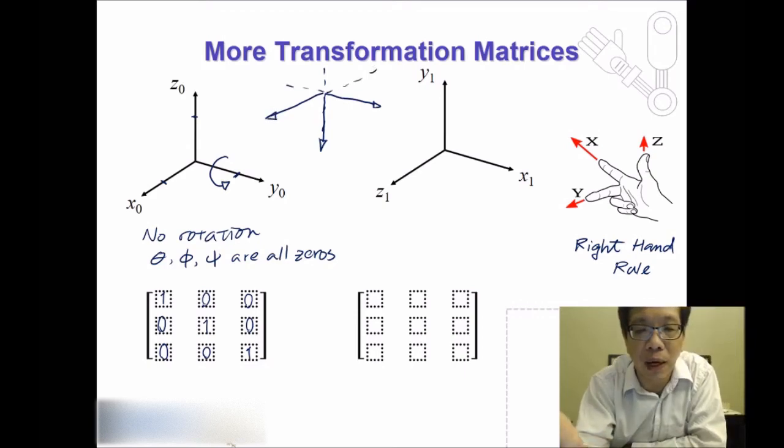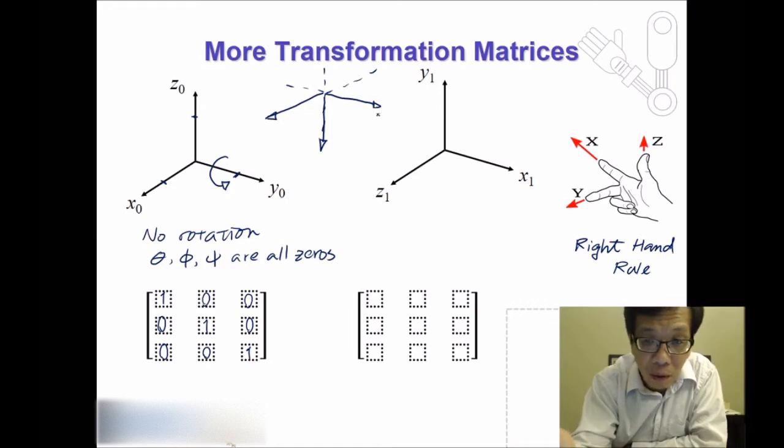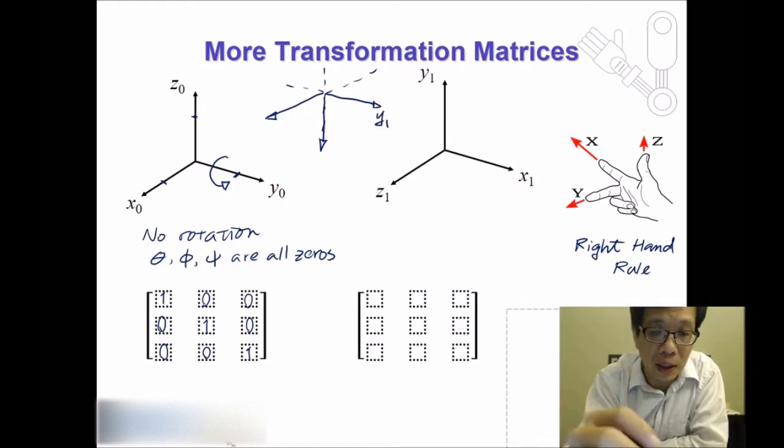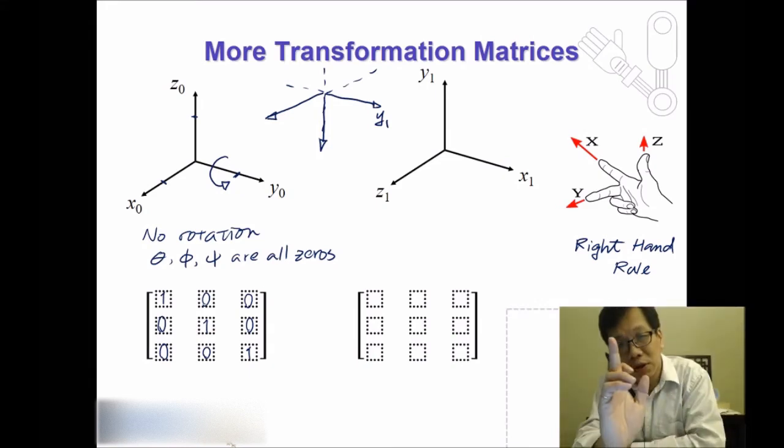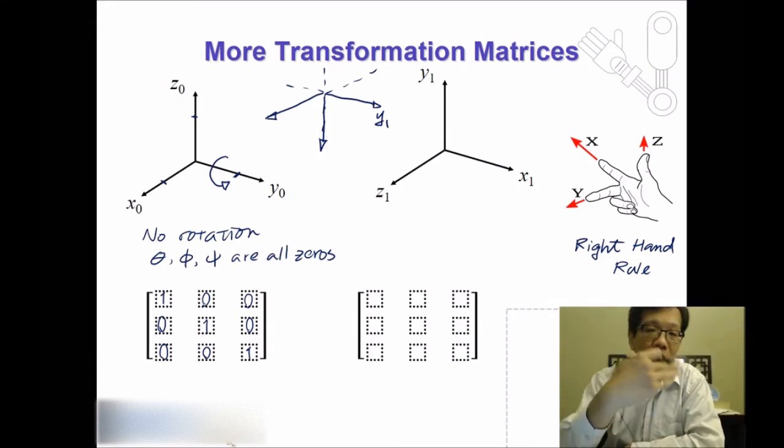Since I'm rotating about the y0 direction, y1 remains along the same direction, but the z0 direction is going to be rotated from this direction to this direction.